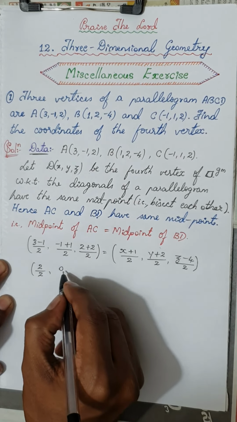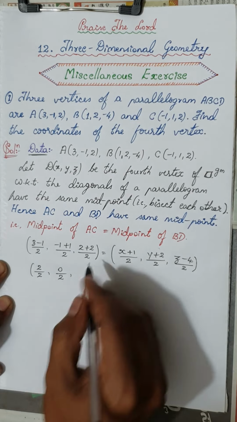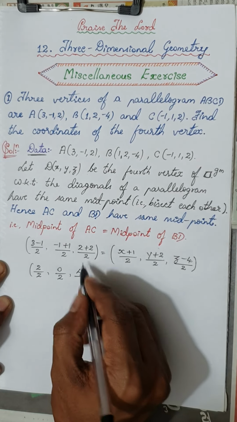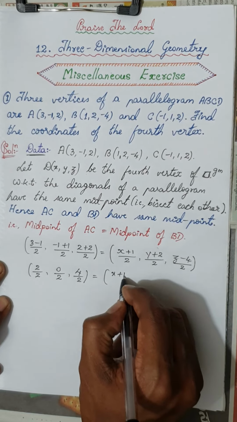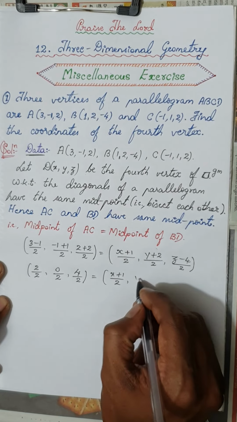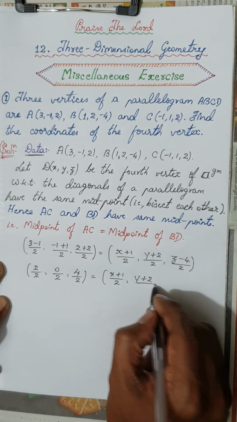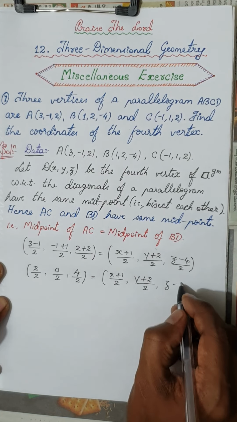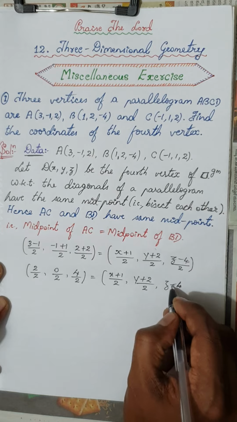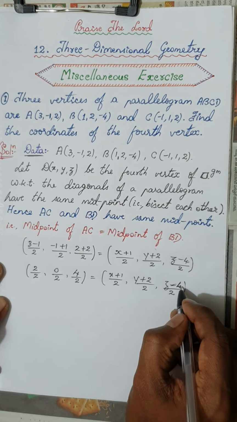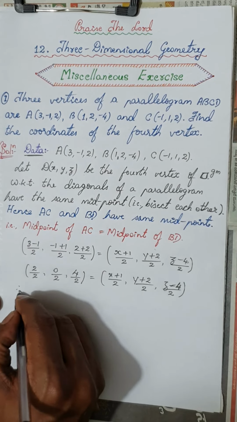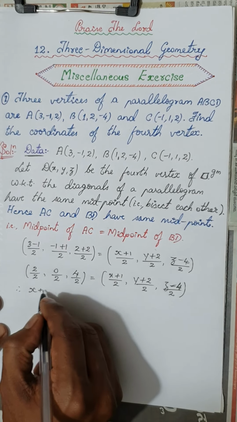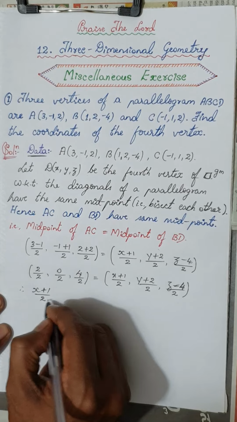Minus 1 plus 1 is actually 0, so 0 divided by 2. 2 plus 2 is 4, so 4 divided by 2. This will be nothing but (x plus 1) by 2, (y plus 2) by 2, and (z minus 4) divided by 2.